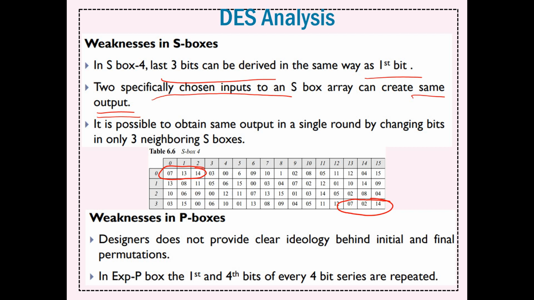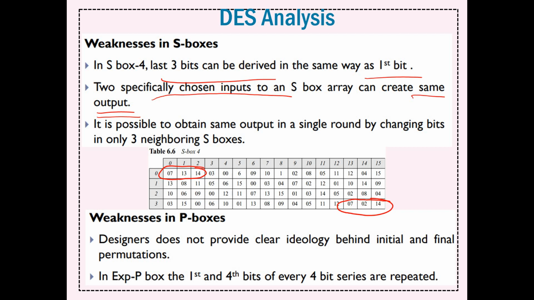Remember, I told you one table to use for the initial and final permutation. Suppose we assume that is a standard table for the time being. But when DES was conceived as an idea, there was no clear idea about the initial permutation and the final permutation. On the other hand, the initial and the final permutation don't add anything to the cryptographic solution. It has nothing to do with cryptography. Then why we use it in the system itself is unknown. So that is one of the major drawbacks.